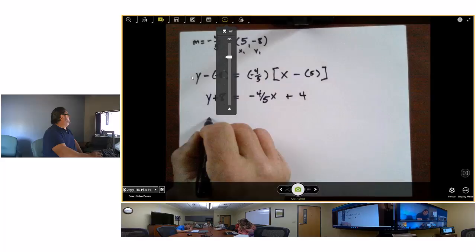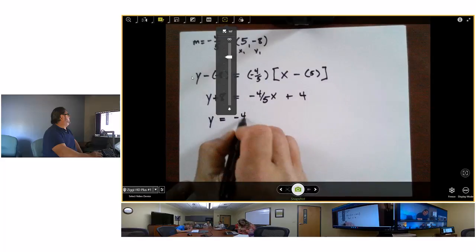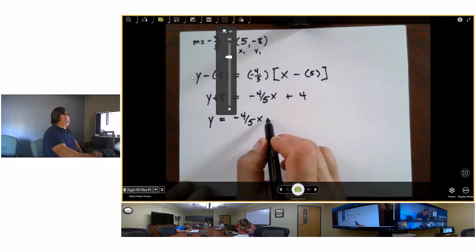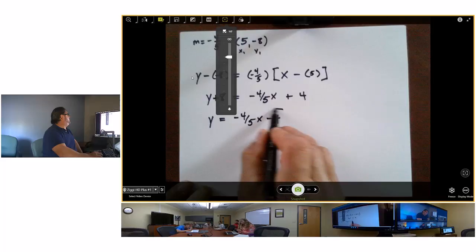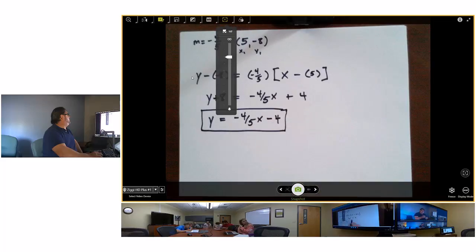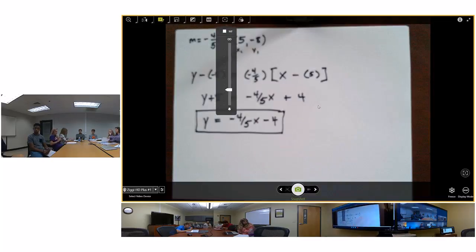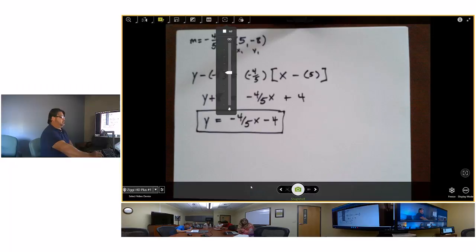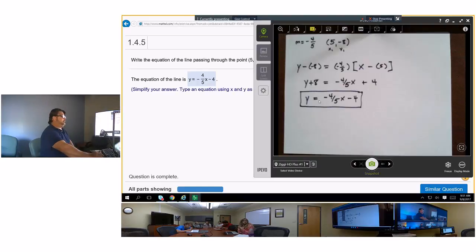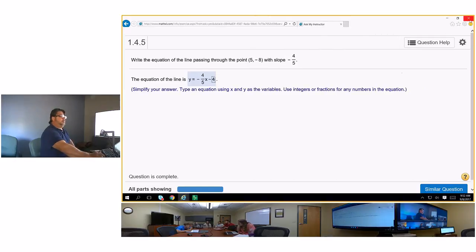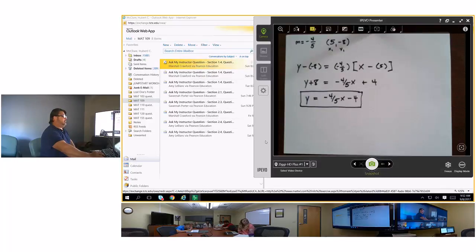And then y is equal to negative 4/5 x, what's 4 minus 8? Negative 4. Negative 4 should be your answer. Let's check it. Okay, it is. So that's got that one.